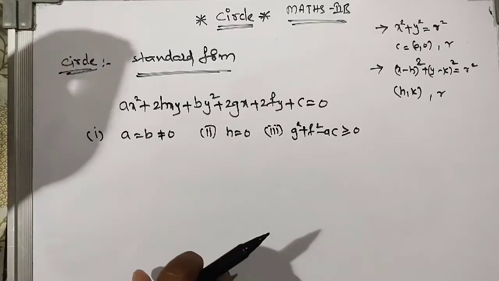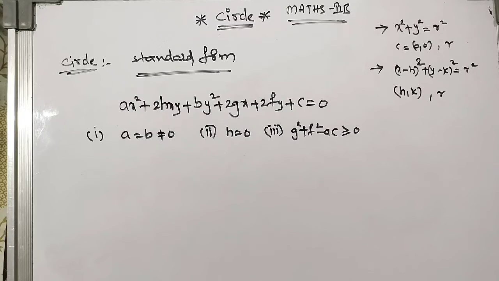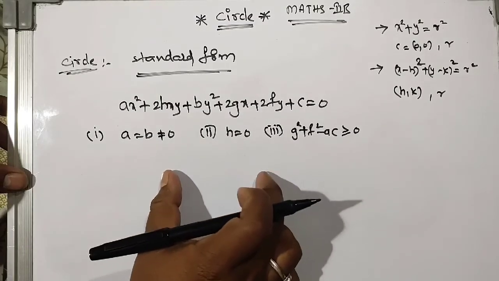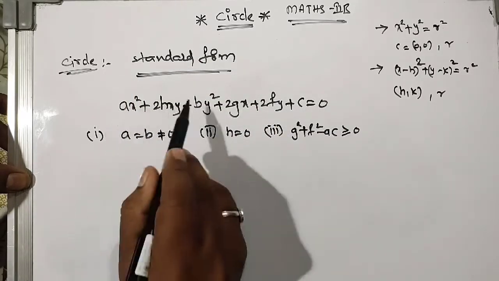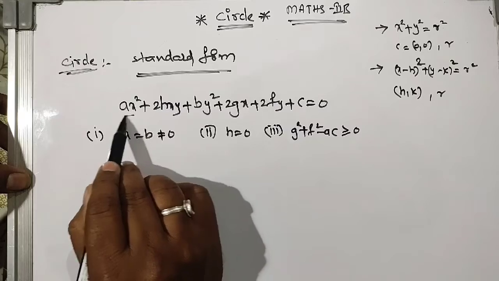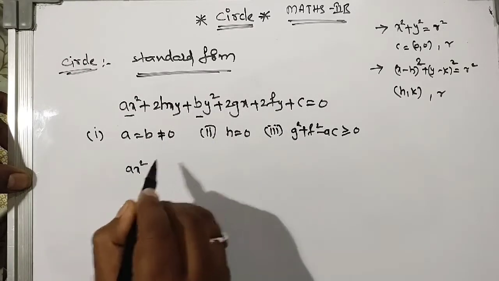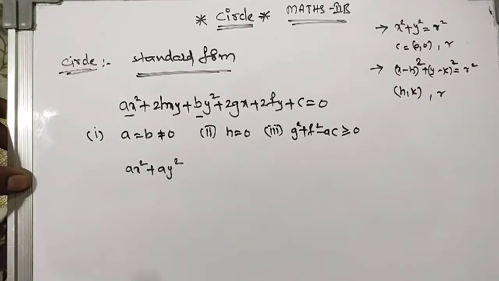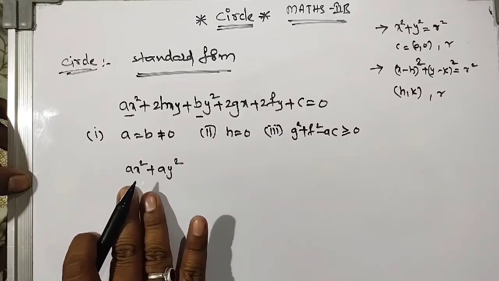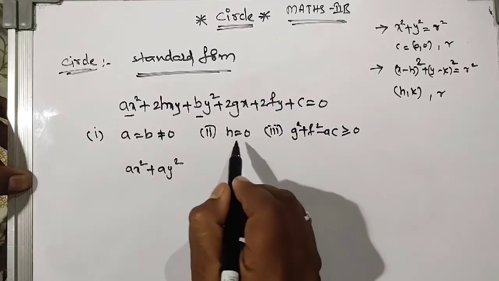When a second degree equation follows these 3 conditions, then the equation must represent a circle. So if you apply these 3 rules here, a and b must be equal, and we have to equate the coefficient of x square and the coefficient of y square. It becomes ax square plus ay square. The x square coefficient and y square coefficient must be equal, and h must be 0.